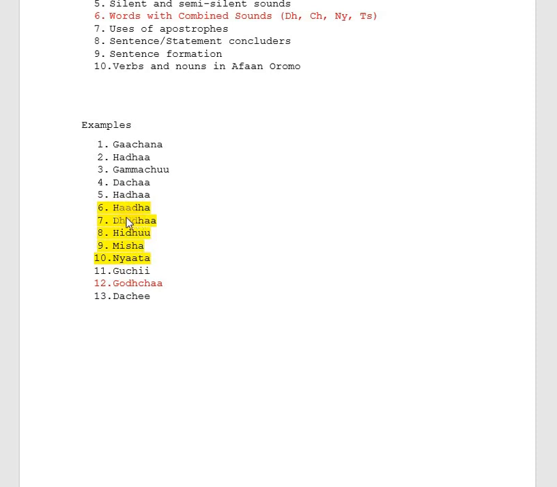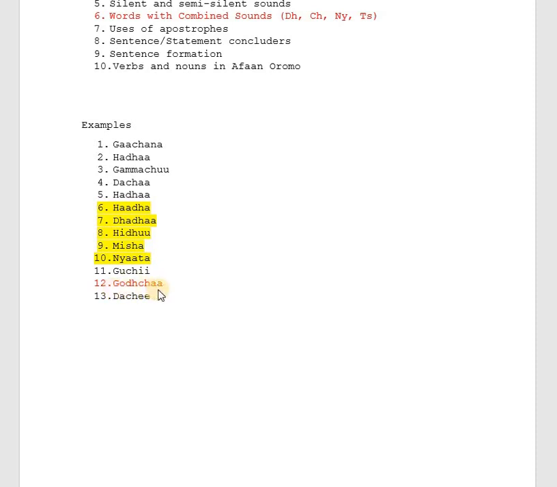So there are also words written with these sounds that are soft. But whenever they are strong, we never repeat those letters as we do with others. Like gammachu, here ma is strong, that's why we repeated it. Chu is also strong, but we never repeat that. The same here, gucci, cha is strong, we never repeat it.